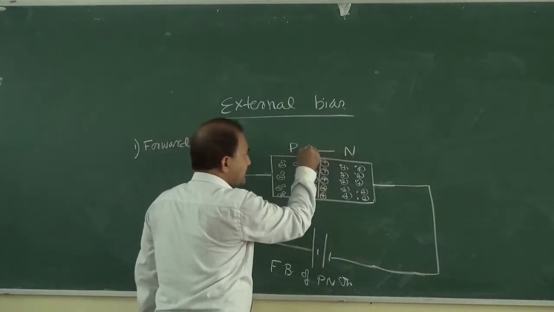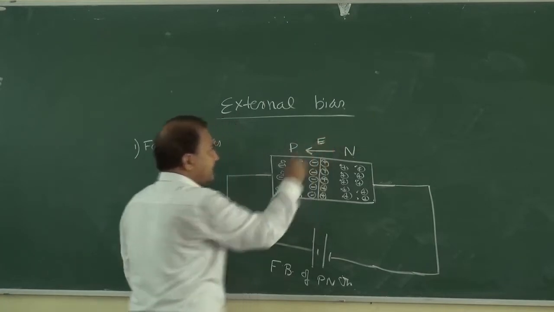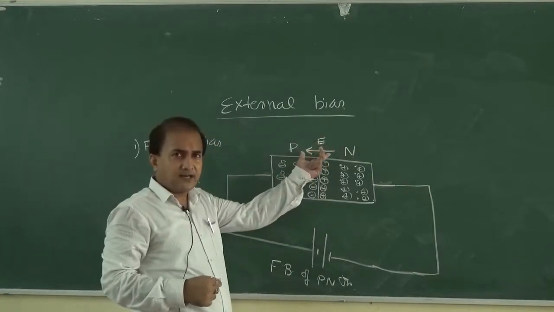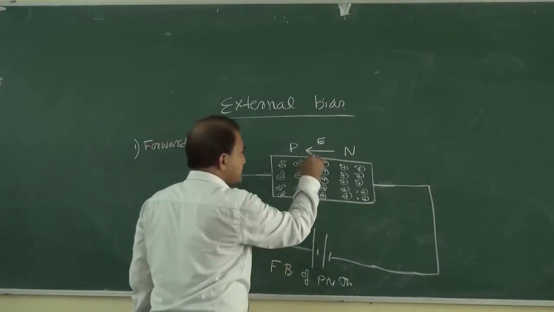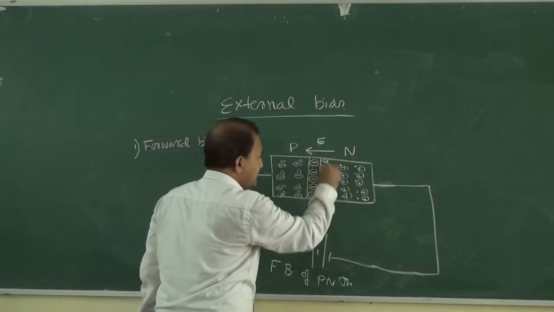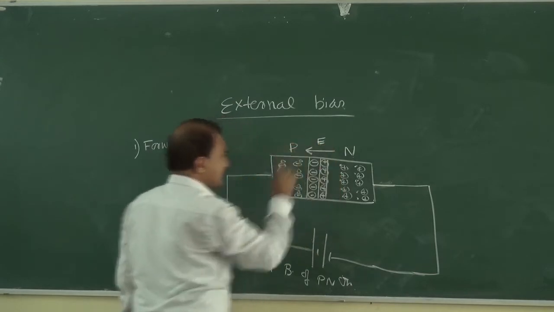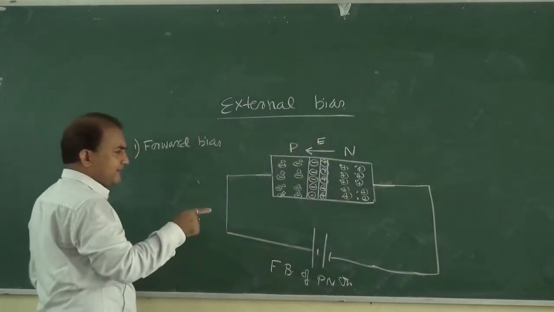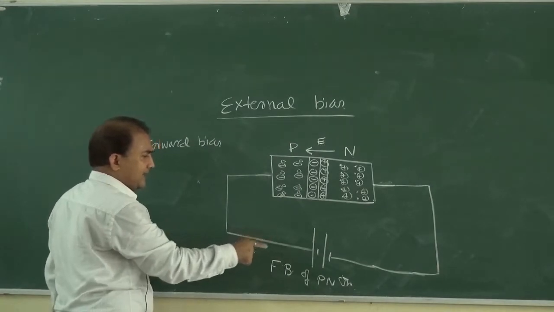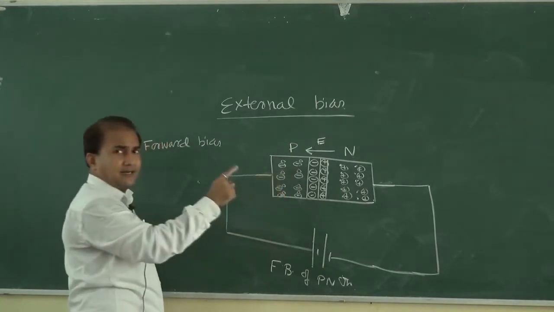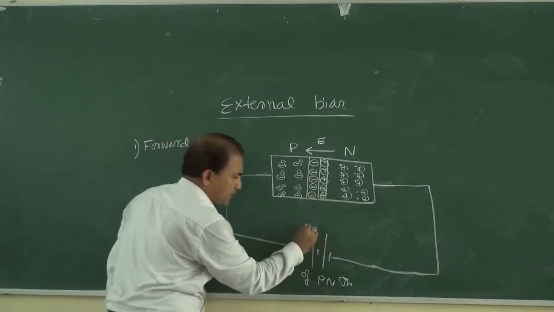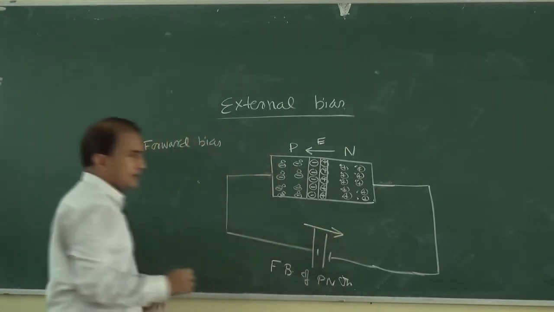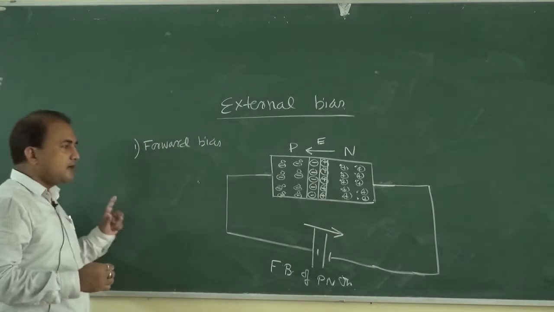Earlier, what was the direction of the electric field? The direction of the electric field due to the potential barrier, due to this depletion region, is like this. Now if we connect the PN junction diode like this, what will be the direction of the electric field? From positive to negative.